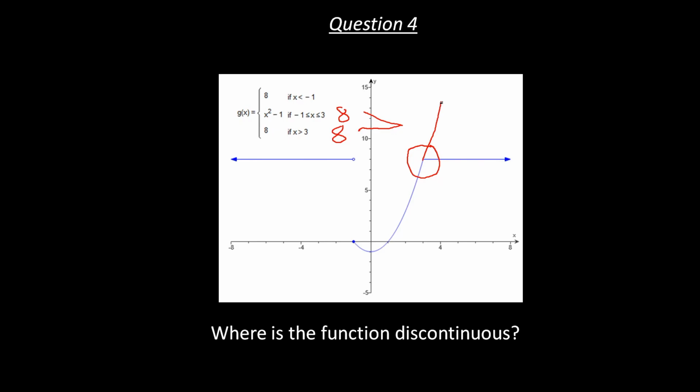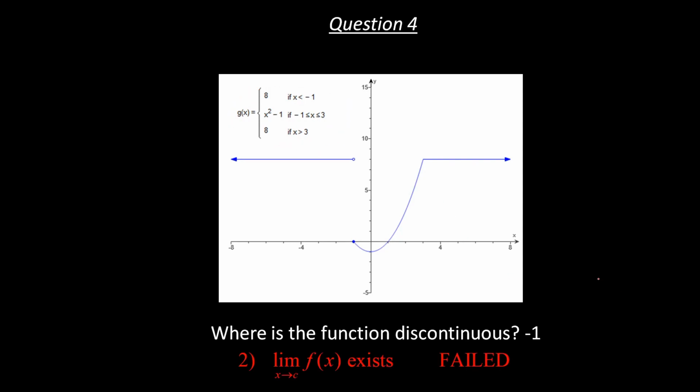Remember, the parabola goes forever like this. These pieces touch right here. And we can determine that by looking just at the function. So this function is discontinuous at -1, and this specifically then fails property 2. The two-sided limit does not exist at -1.